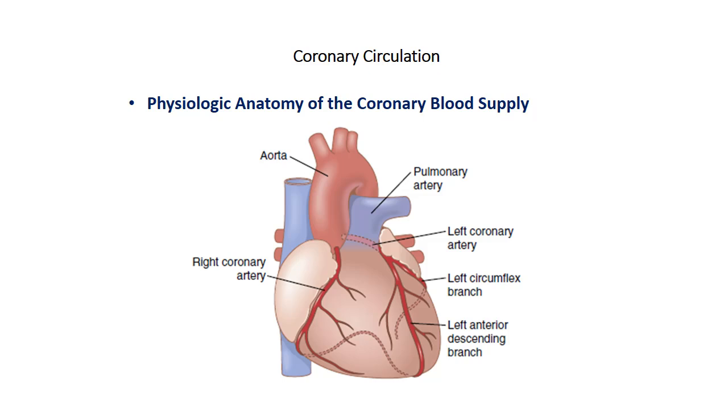Let's see the anatomy of coronary blood flow, which circulates blood in the heart and plays an important function in increasing heart rate or in the action of the sympathetic nervous system on them.